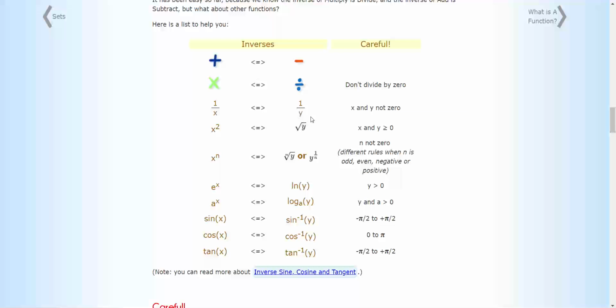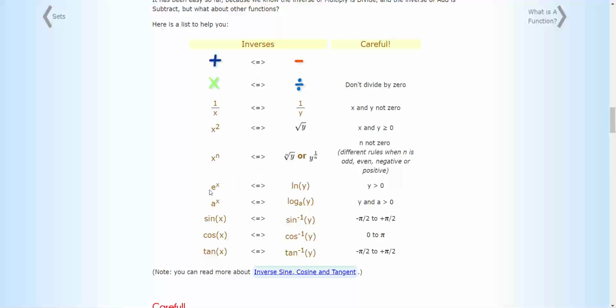For f of x, x and y are non-zeros. X squared becomes the square root, and x to the power of n becomes the nth root of y, or y to the power of n. You have two different possibilities; either case, none should be 0.